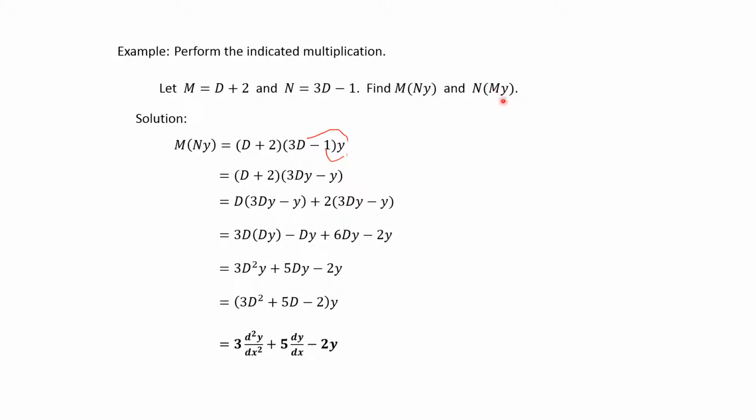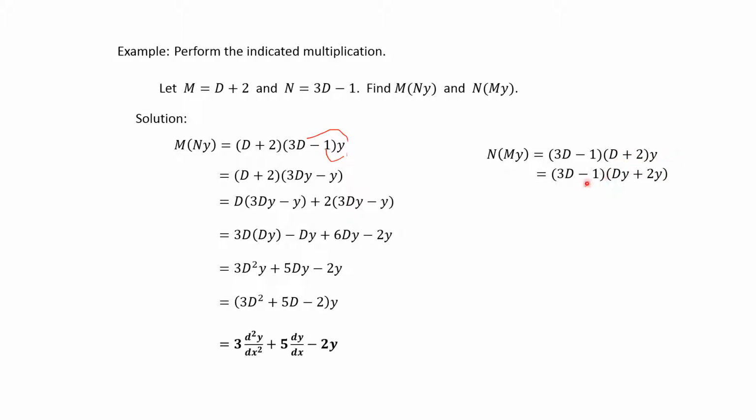Now let's have this N of My. For N of My, we write N first and then later on M. So N of My gives you, start with 3D minus 1 times D plus 2, y. The first step is to distribute the y there, for Dy and 2y.